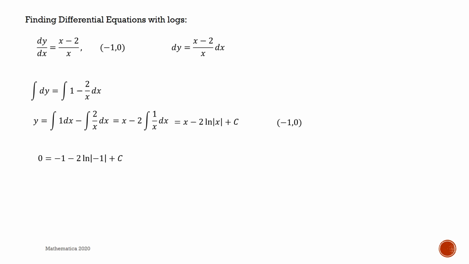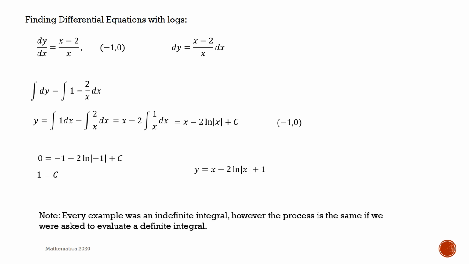You see, if we would not have kept the absolute value, then we would have found an error and we wouldn't have been able to solve this one. So we simply solve for c, and we end up with c being 1. My constant is 1. So the differential equation is simply y is equal to x minus 2 times the ln of the absolute value of x plus 1. Done.